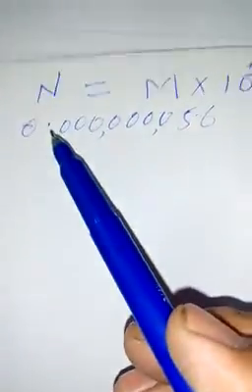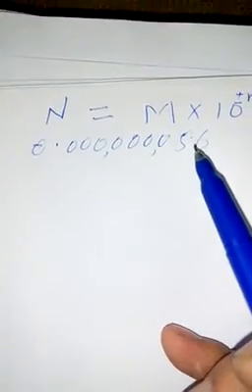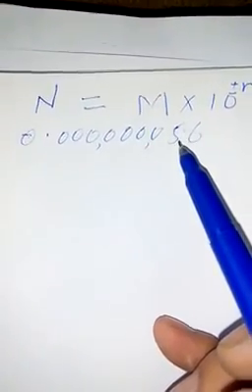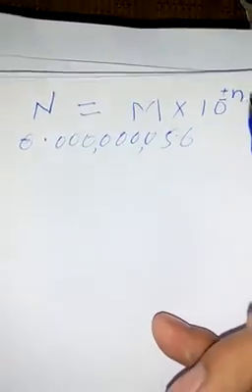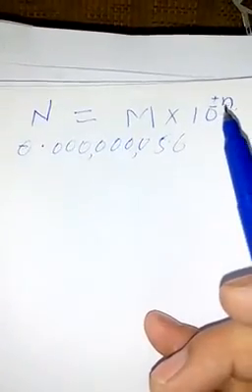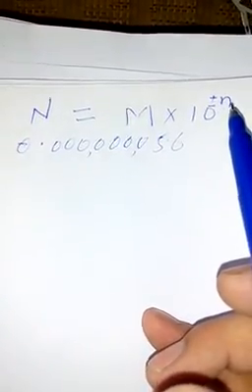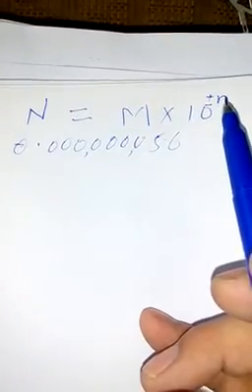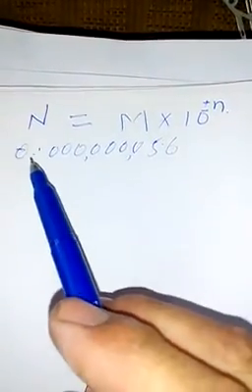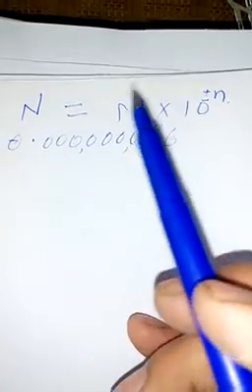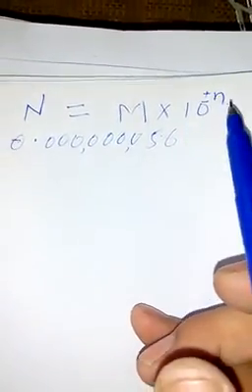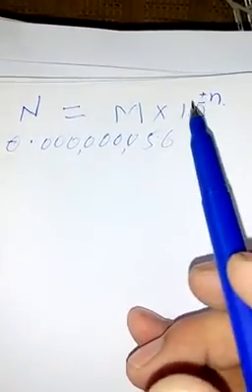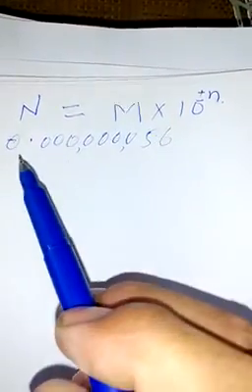Now, in order to represent this in scientific form or standard form, we shift this decimal point up to the first non-zero digit and place it just after the first non-zero digit. The power of 10, which is small n, will be increased negatively when the decimal point is shifted toward the right, while it will be increased positively when it is shifted toward the left.